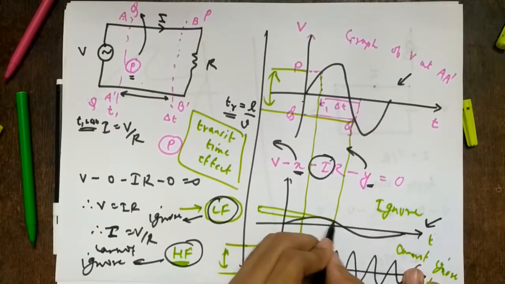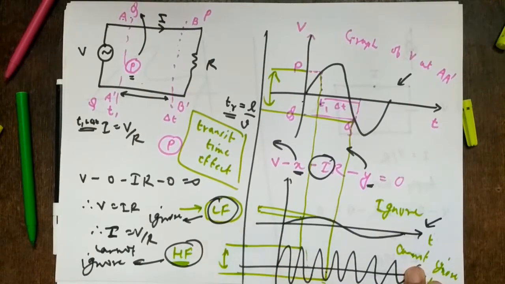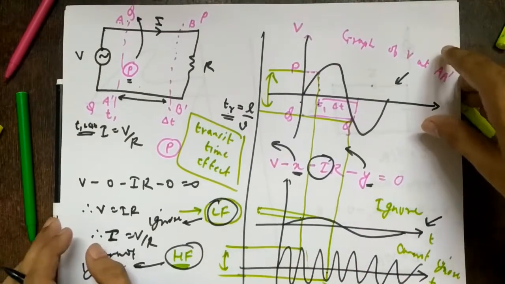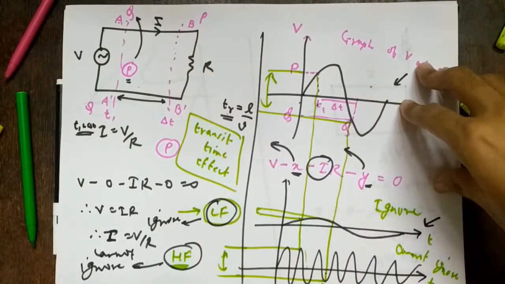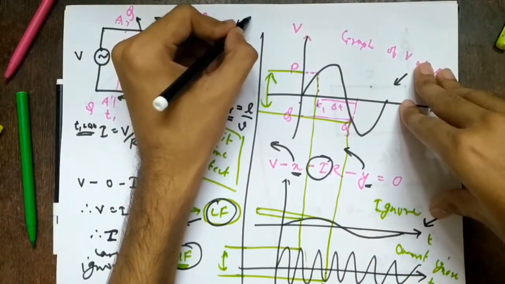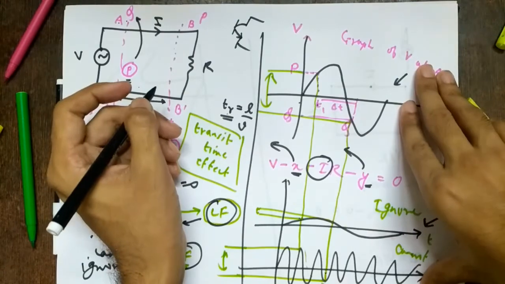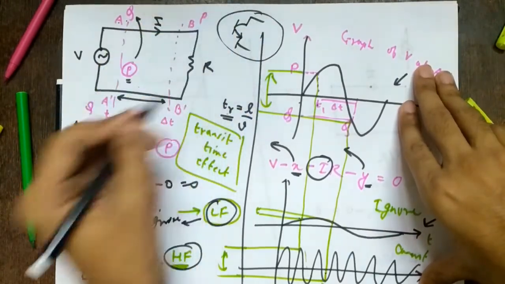For low frequencies, you see only a very minuscule potential difference, which can be ignored. This is the reason you have been applying KVL and KCL so far in every subject. Even if you were designing a transistor, HIE, HFE, etc., VO upon VI, you always applied KVL and KCL, because you are assuming that it is a low frequency signal.